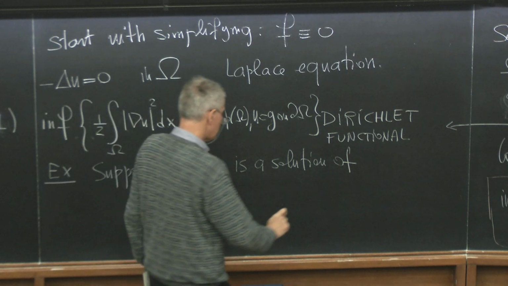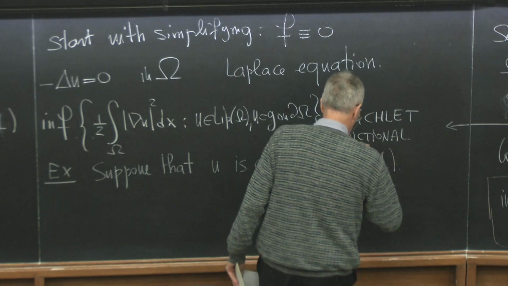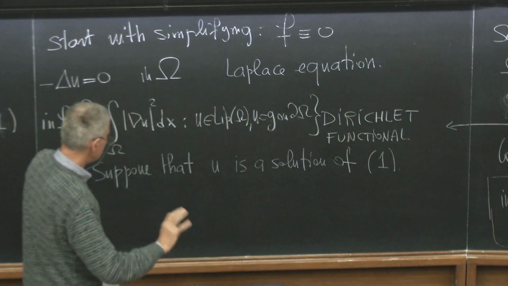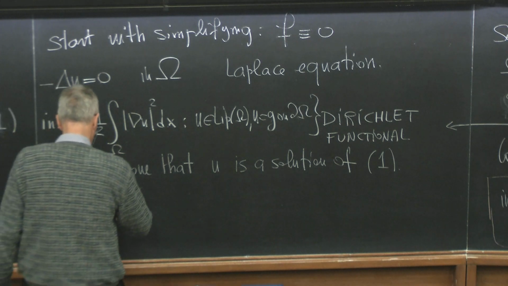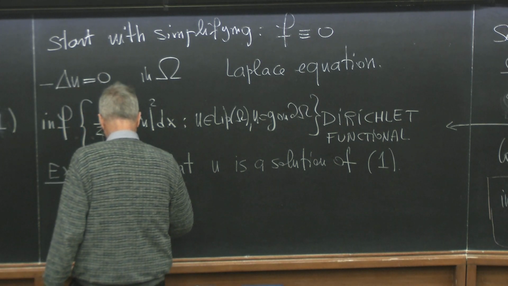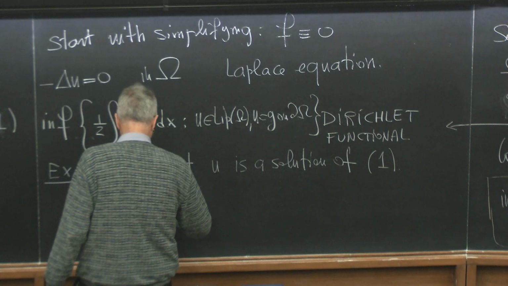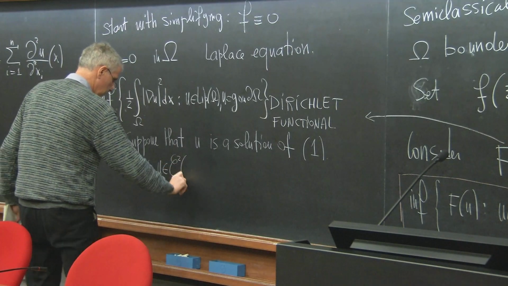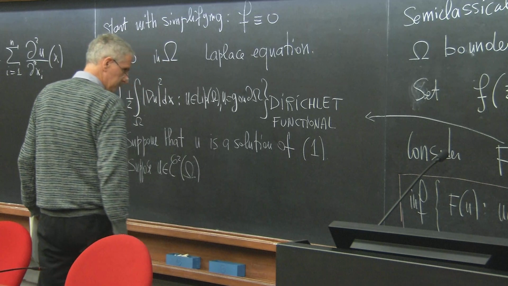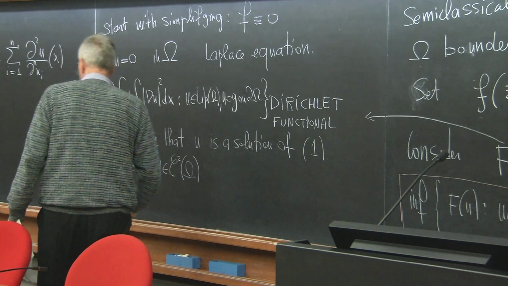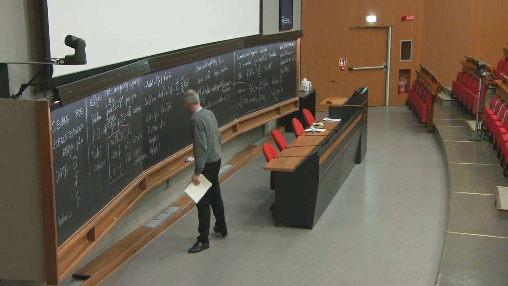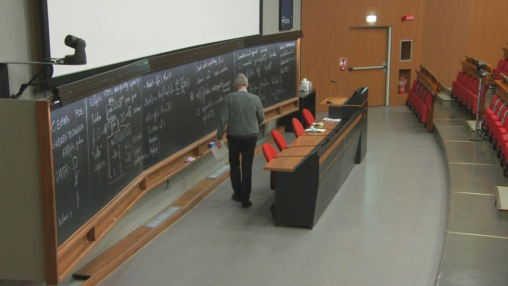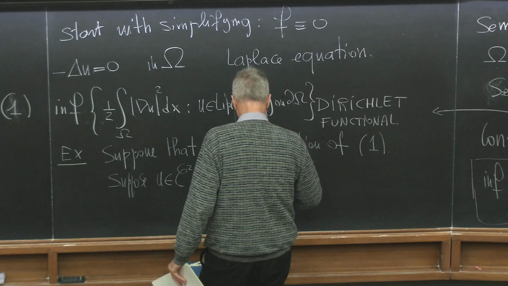So suppose that u is a solution of 1. Suppose in addition, now it is a solution of 1, so it is just Lipschitz. But suppose that you know also that u is, say, C2 in omega also. Okay, so I am inside this class essentially. I am in Lipschitz also.